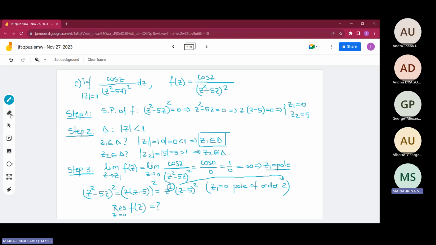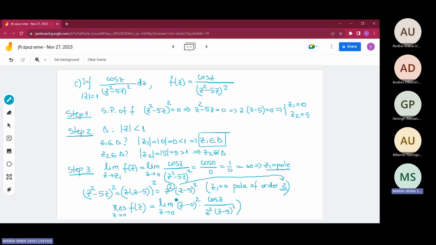Now you have to find the residue of f of z at z equals 0. And this residue I'm going to write here is the limit when z goes to 0 of the derivative of (z minus 0) squared, because this point is a pole of order 2, times the function, which is cosine of z over, but instead of this expression, I'll write this one: z squared times (z minus 5) squared.